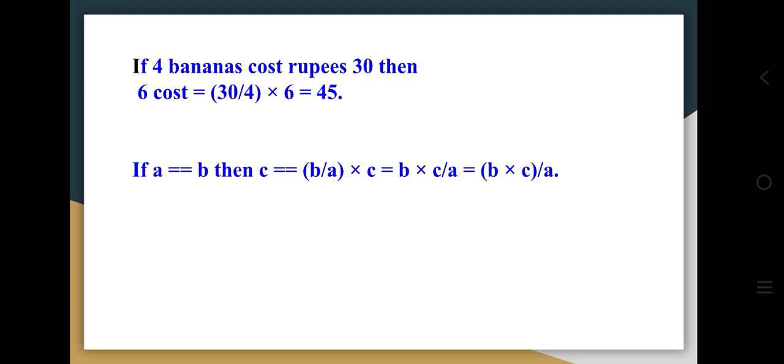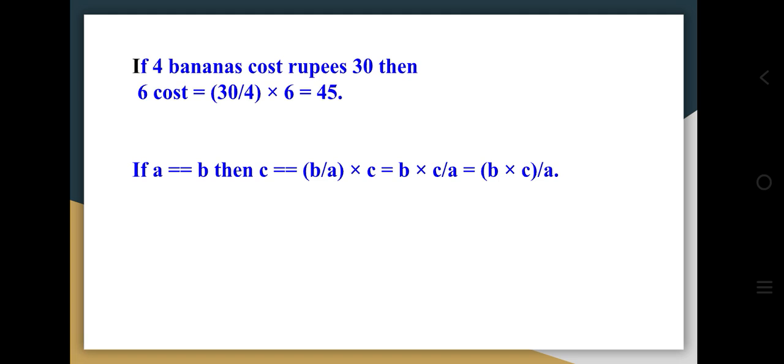So in general, if A bananas cost B, then C bananas cost is divide B by A multiply by C, or equivalently B into C by A, or it is equal to B into C divided by A.